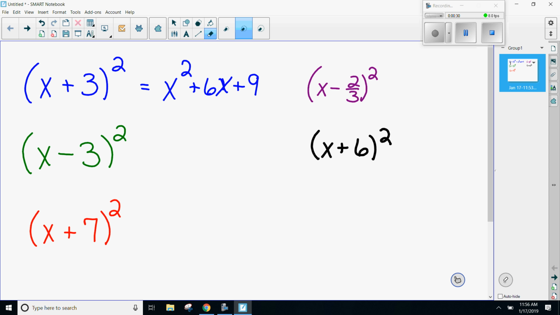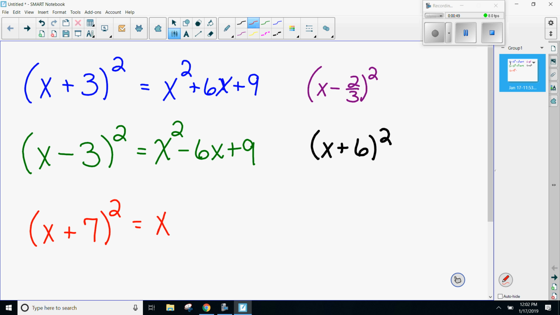Okay. So I want you to do that for each one of those up there. Okay, so what did you get when you take x minus 3 and square it? Minus 6x plus 9. What about the next one? Let's go to the black one.